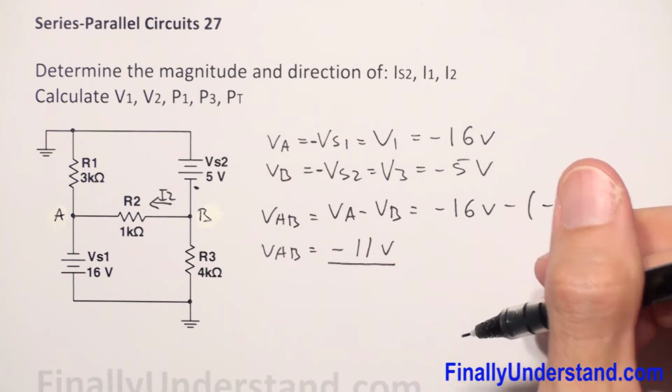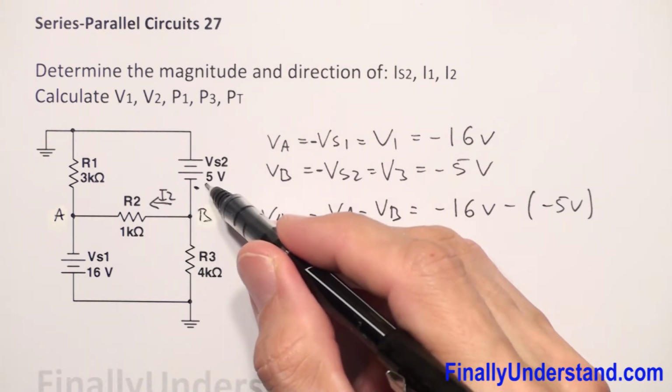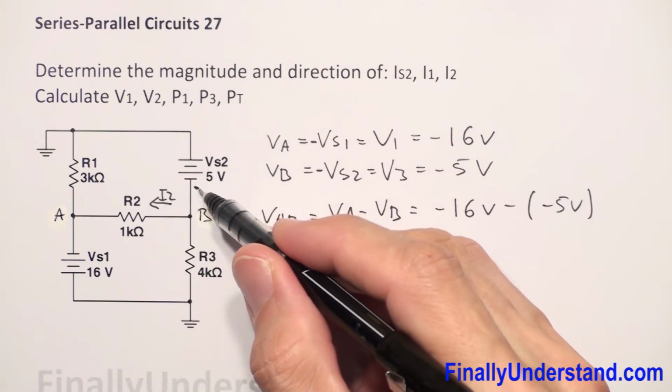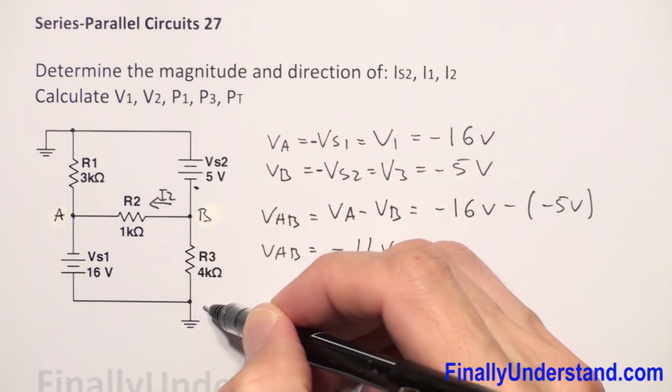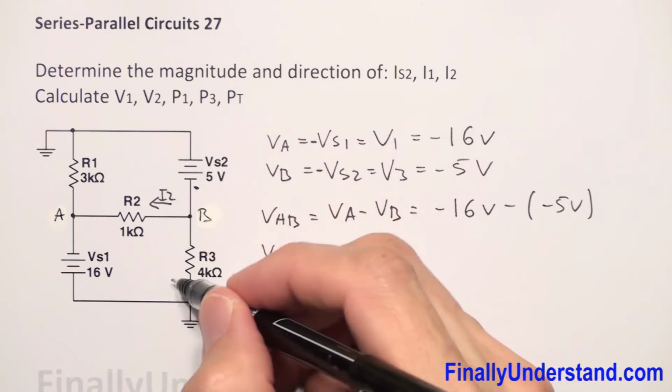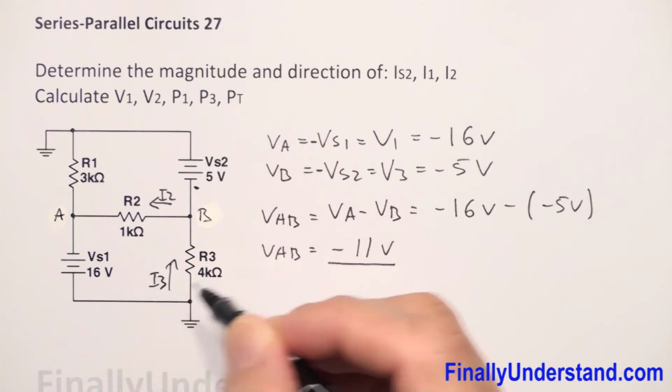Now at this point I have negative 5 volts, and over here I have 0 volts. So 0 is greater than negative 5, that's why this current is going to go up. This is my I3.